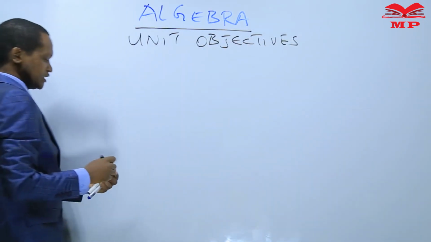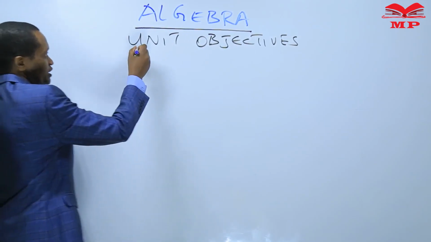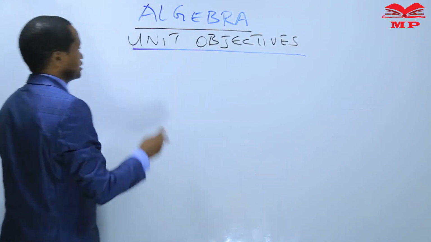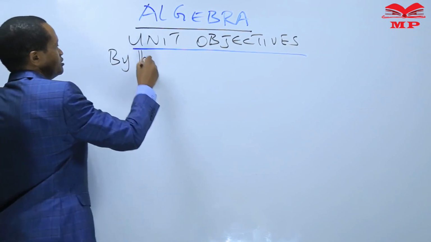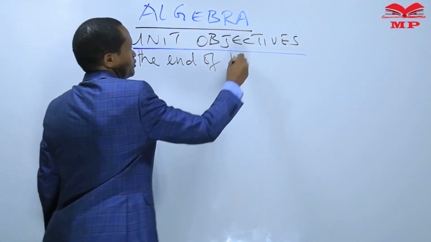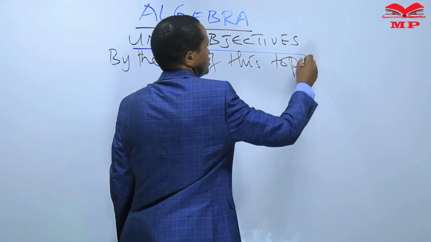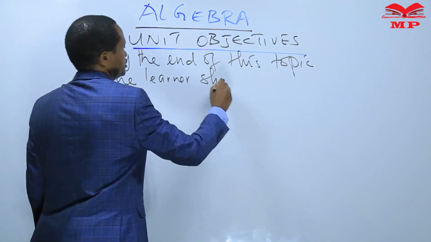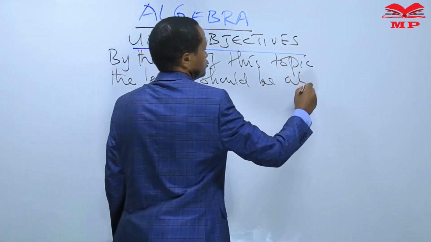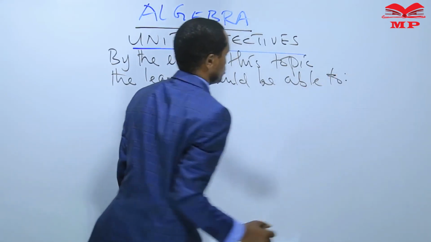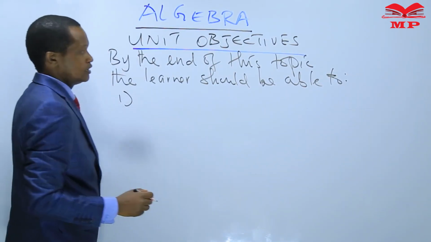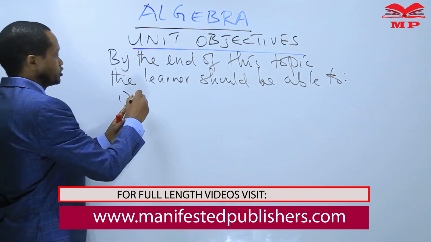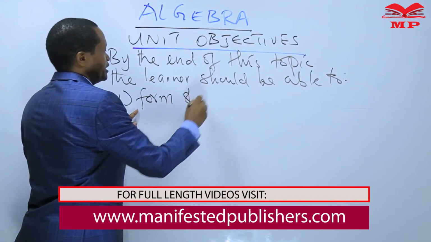By the end of this topic or unit, the learner should be able to, number 1, form and simplify algebraic expressions.